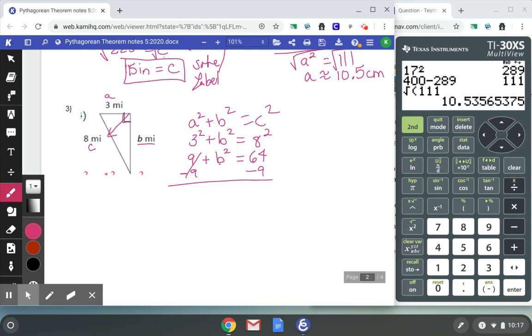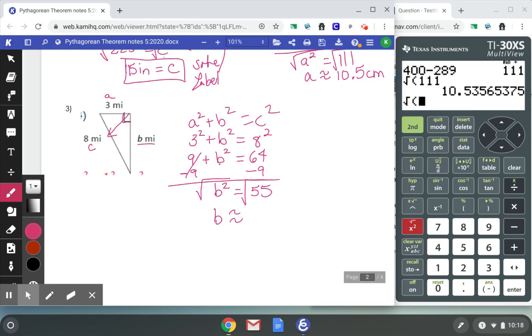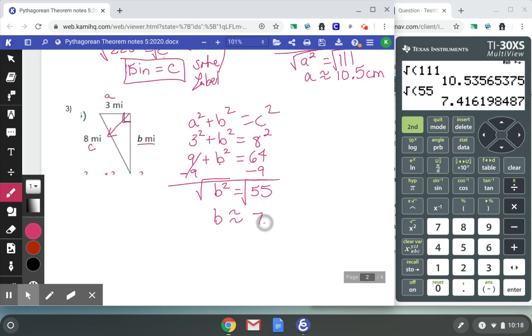So on the left, I get B squared. On the right, 64 minus 9, I get 55. Now the opposite of squaring, I'm going to take the square root of both sides. So I can say B is approximately 7.4 miles.